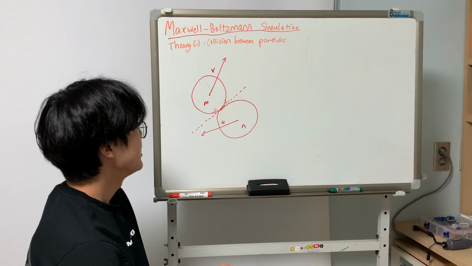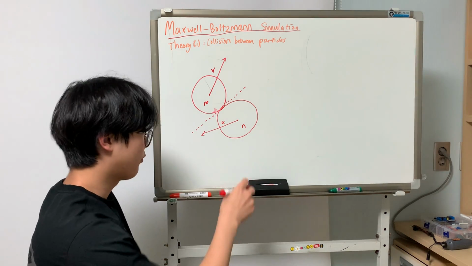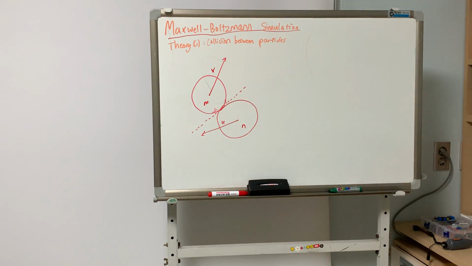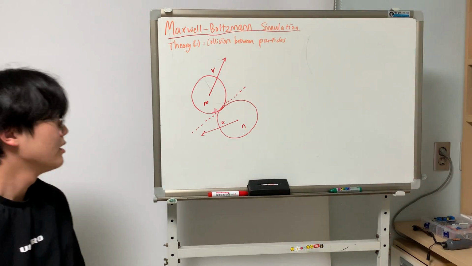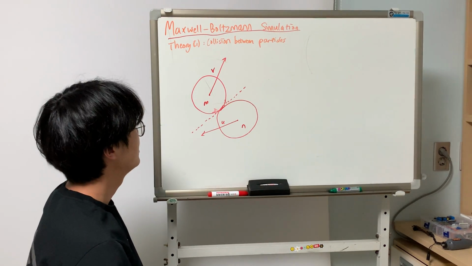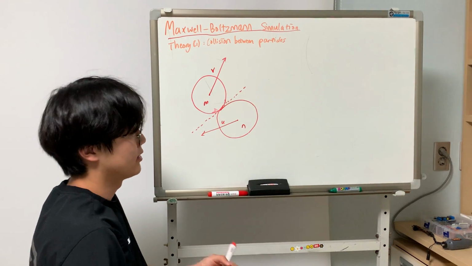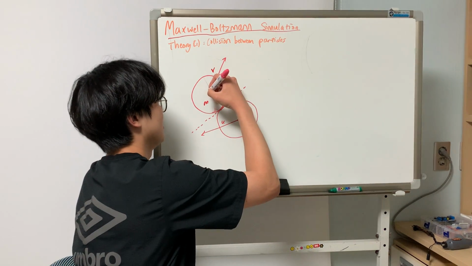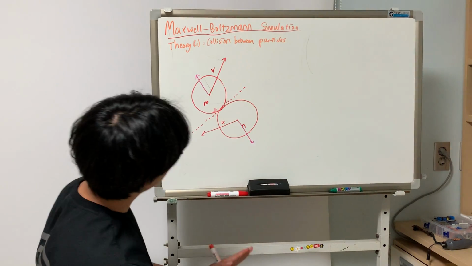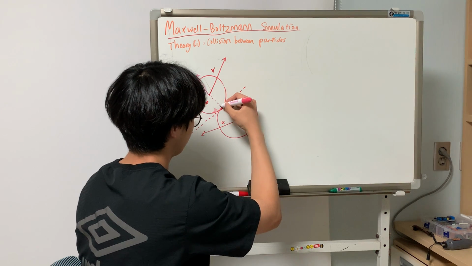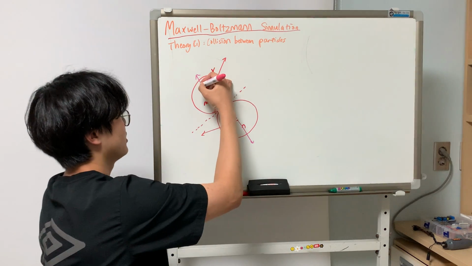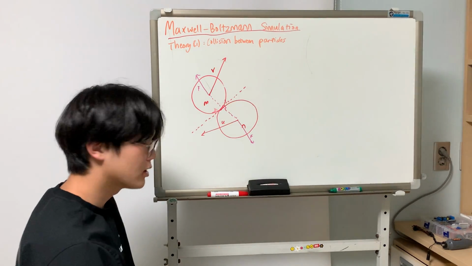We know that some kind of force is exerted on both spheres, and that force is the same in magnitude. I'm going to depict force with a different color, pink. This force is going to be perpendicular to this axis, and that force, called F, is going to be equal on both.